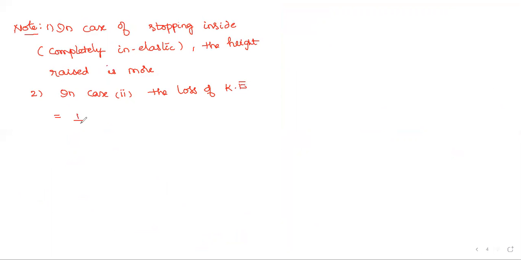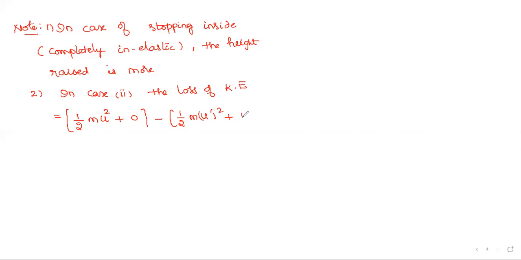Total kinetic energy before the collision, that is half m u square. Kinetic energy of the bullet plus kinetic energy of the block is 0. Total kinetic energy before minus total kinetic energy after: half m into, only bullet comes out with u dash, yes, u dash square.